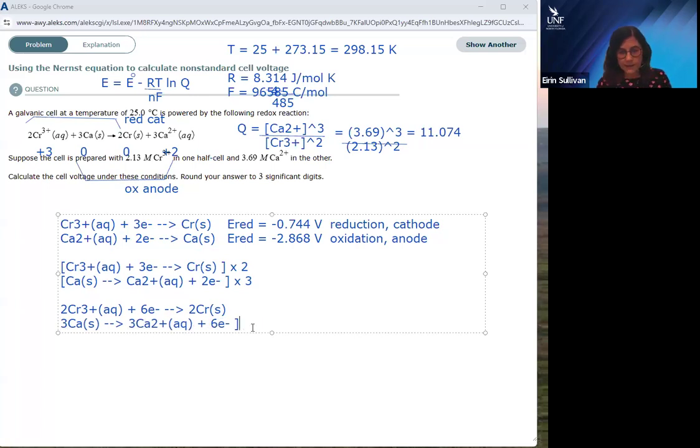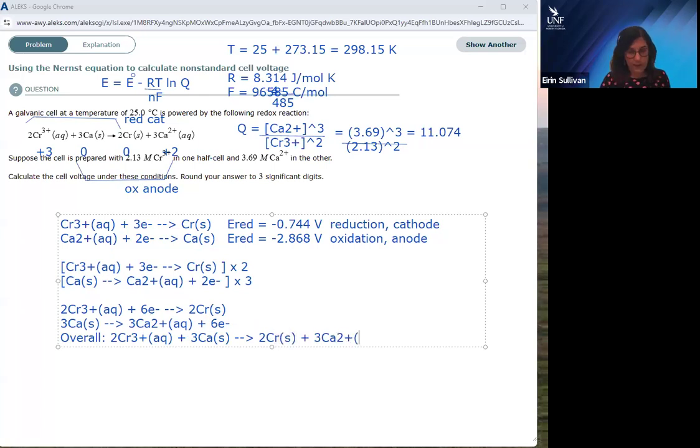So then when I add these two together, overall my 6 electrons are going to cancel out, right? So 2 chromium 3 plus aq plus 3 Ca solid. It should match the equation we were given upstairs. Cr solid plus 3 calcium 2 plus aq. So we can say confidently n equals 6. 6 electrons are being transferred.